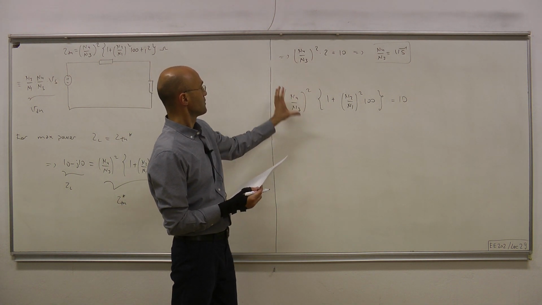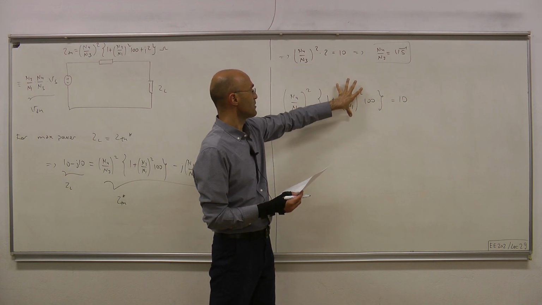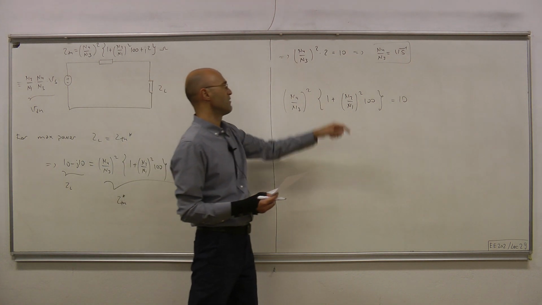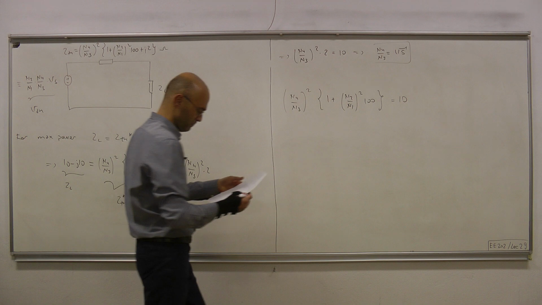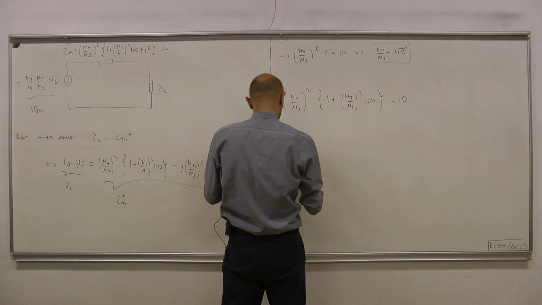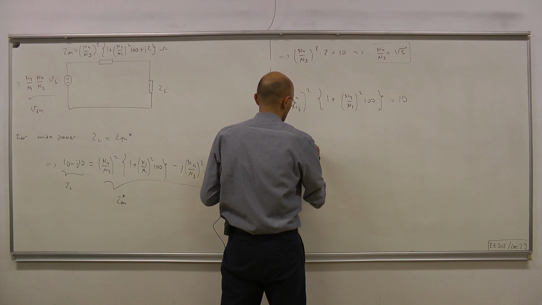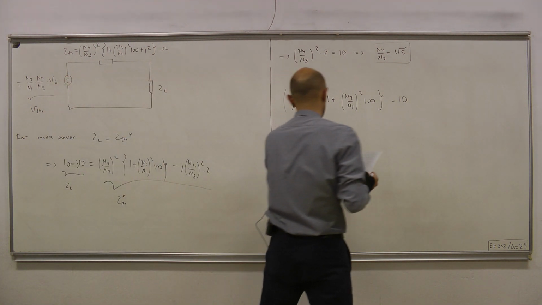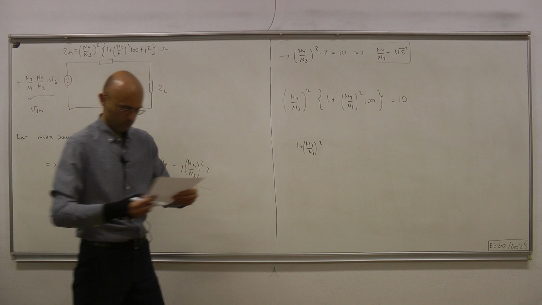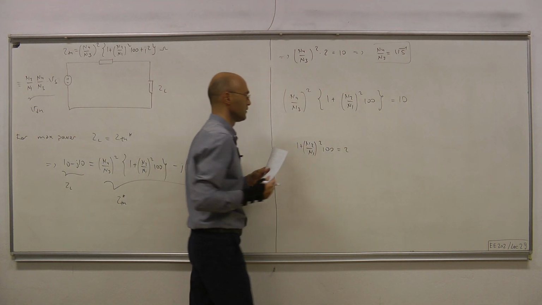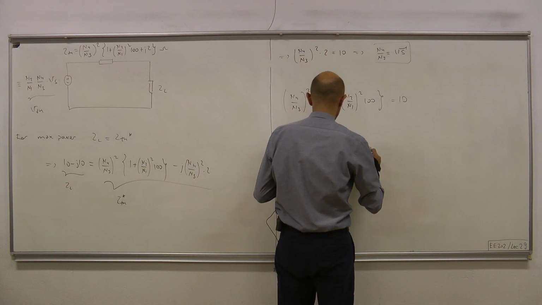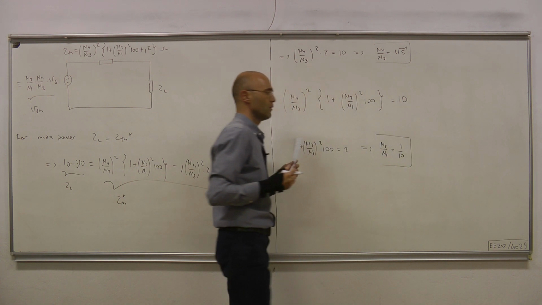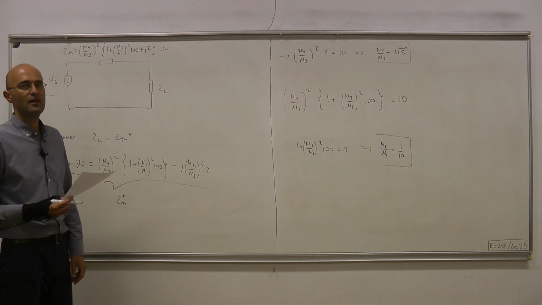Okay, so this square is 5, therefore this thing must be 2, remove 1, therefore this must be 1, therefore N2 over N1 must be 1 over 10. Okay, so those are the turns ratios.